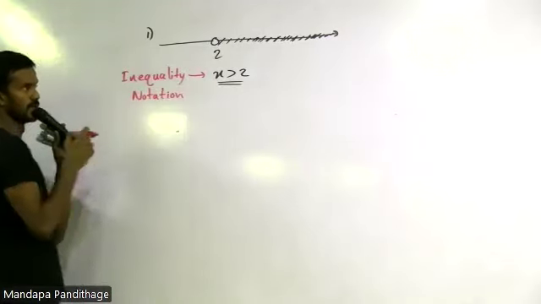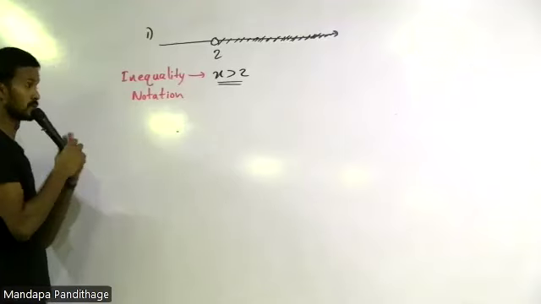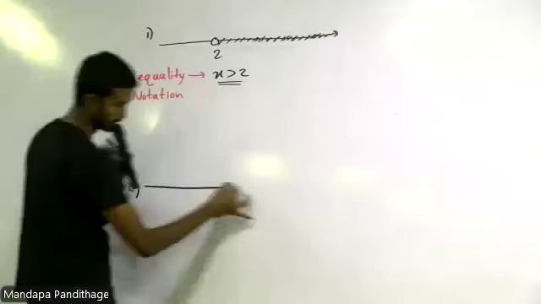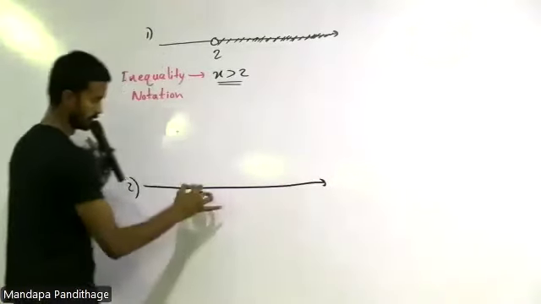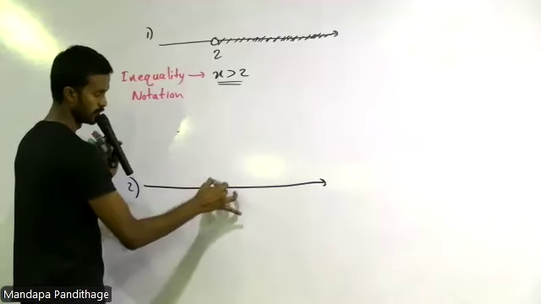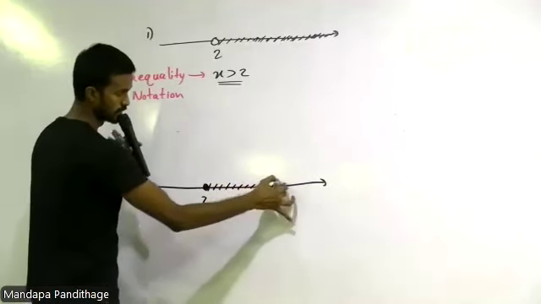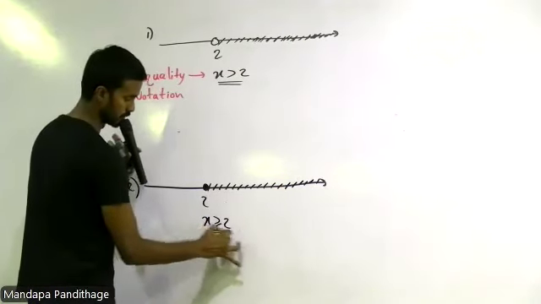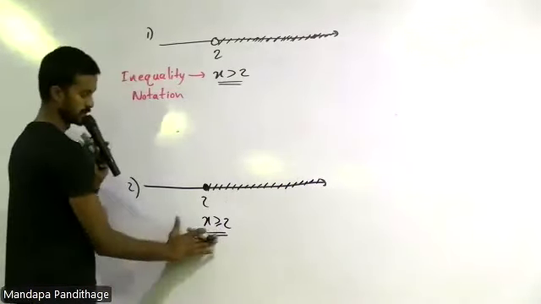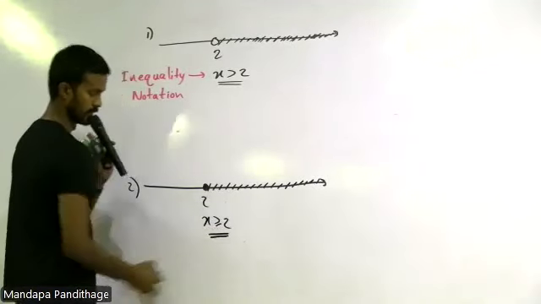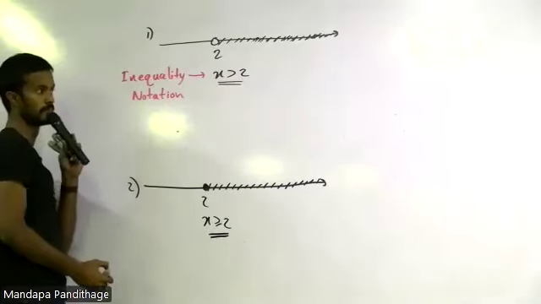And if this one is shaded, then we consider the equal mark even. So what is this region? It's x is greater or equal to 2.